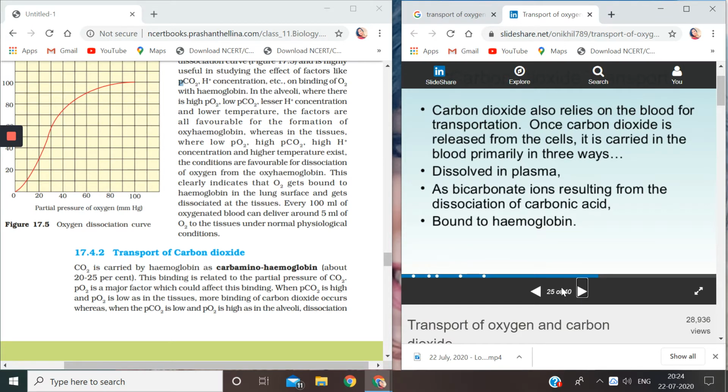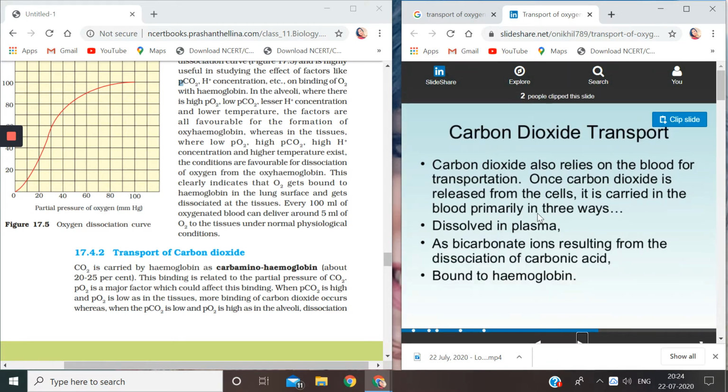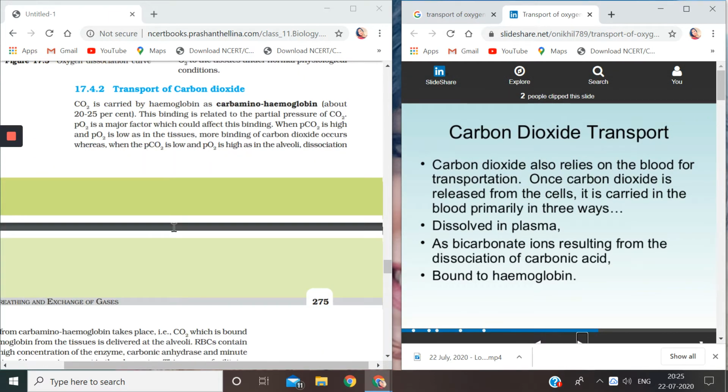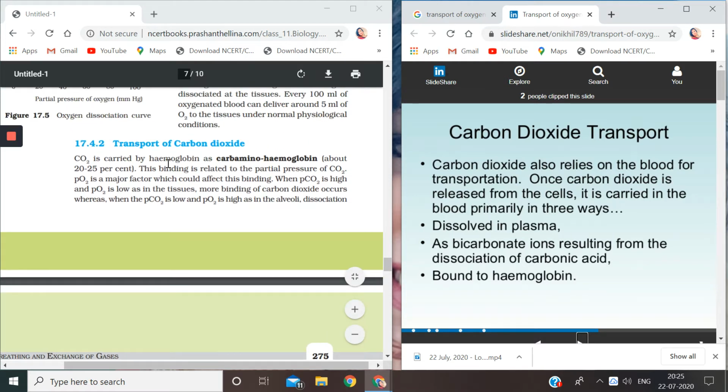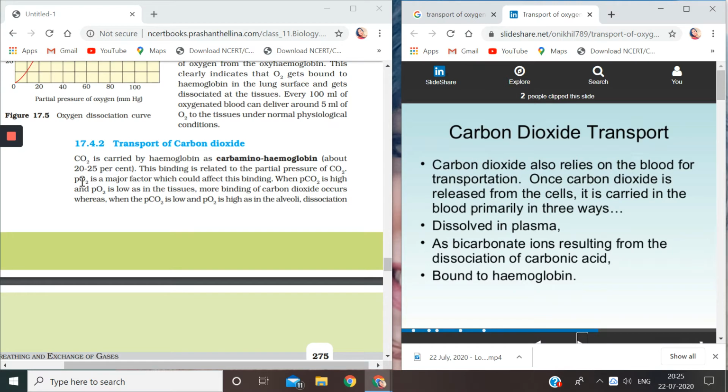Now we come to carbon dioxide transport. See in your NCERT, carbon dioxide is carried by hemoglobin as oxygen was carried by hemoglobin. Similarly, carbon dioxide is also carried by hemoglobin, and the compound they form is carba-amino hemoglobin.